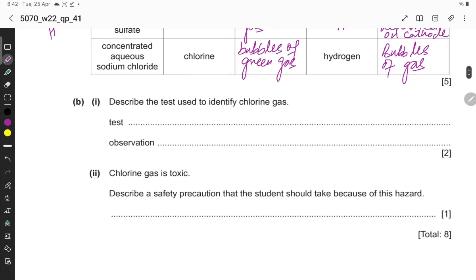Describe the test used to identify chlorine gas. Test with damp litmus paper.